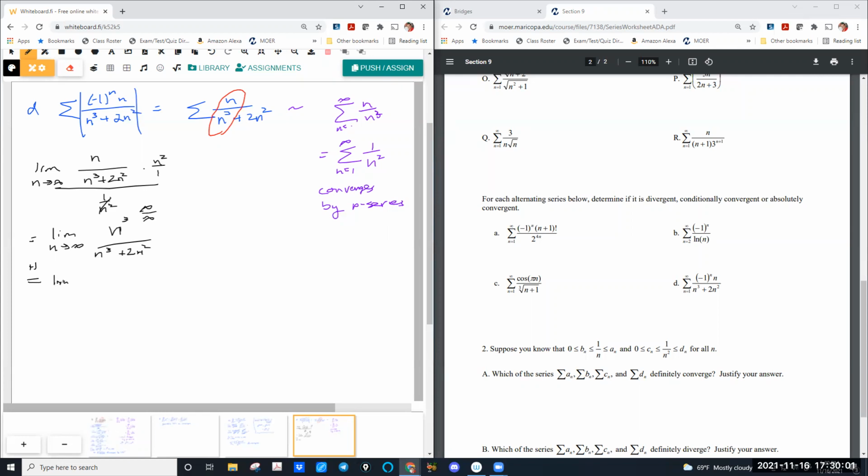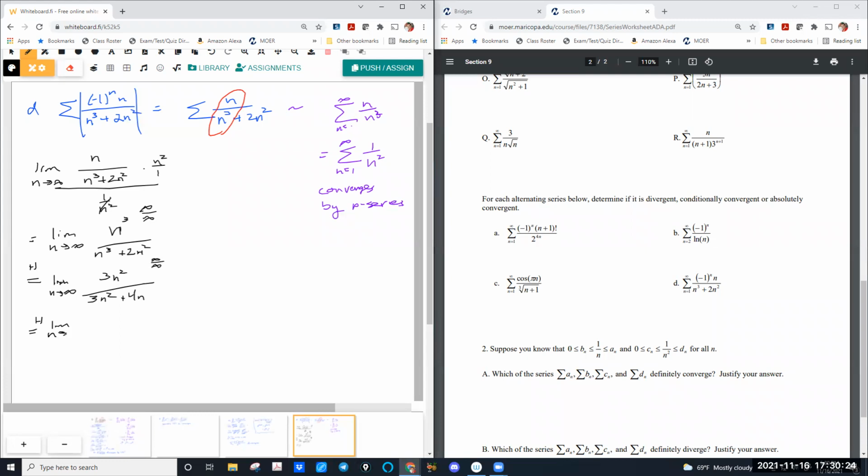This is more of a refresher. Again, you wouldn't need this one on this particular problem, but take the derivative of the top and the bottom. So 3n squared over 3n squared plus 4n. Okay, we still got an infinity over infinity case. So I'm going to use L'Hopital's again.